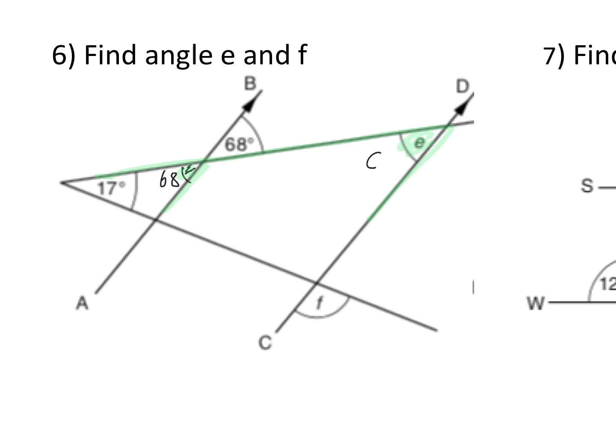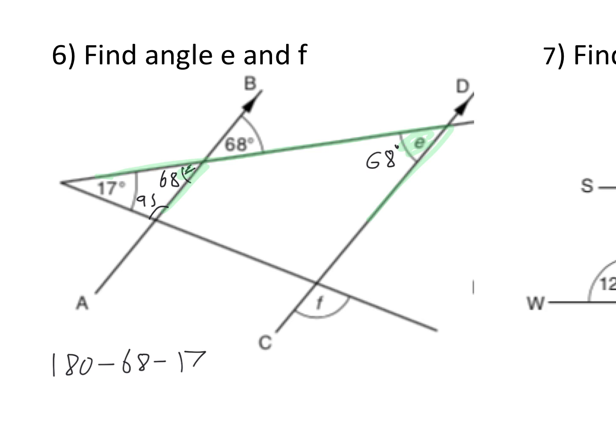So we get 68 degrees. Now, angles in a triangle add to 180. We've got a wee small triangle here. So if you do 180 minus your 68 minus your 17, you get 95 degrees. So this one's 95.